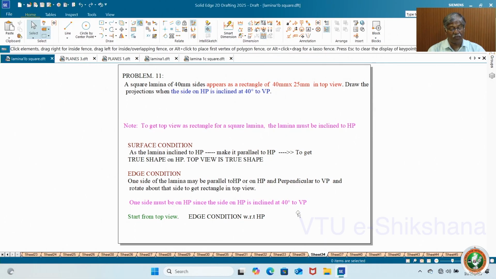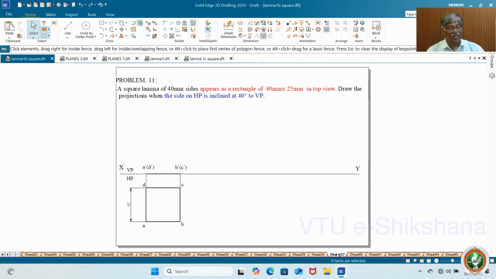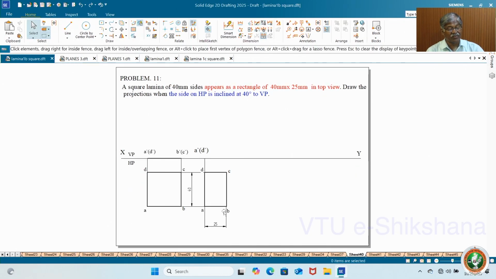You have to start from the top view, it's very clear. For the edge condition with respect to HP, definitely start from the top view. These are the explanations as usual. Now start from the top view and get the second figure, the top view; you create this, 40 fixed, and 25 by 40 is the one which you have created.